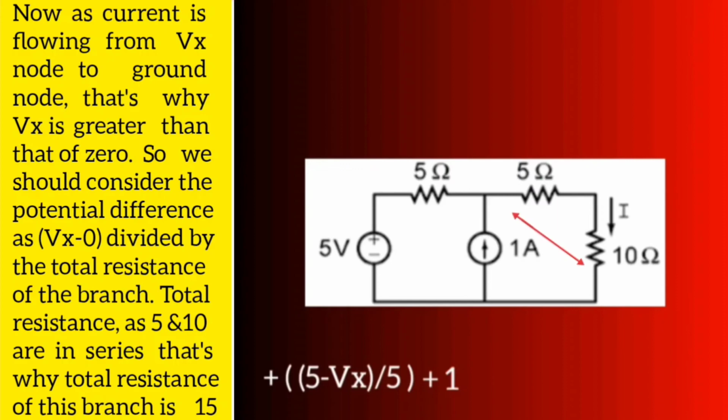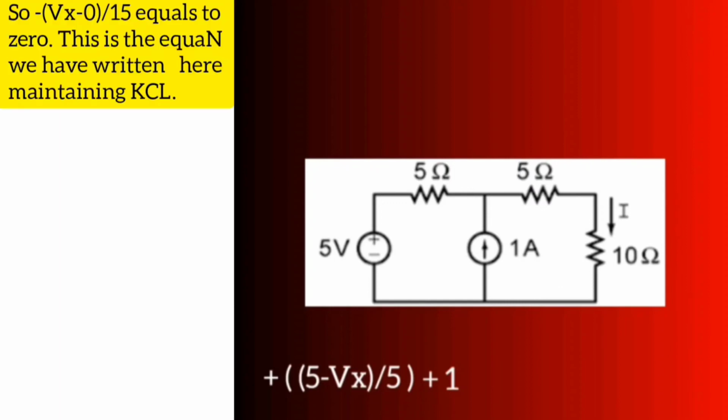As 5 and 10 are in series, the total resistance of this branch is 15 ohm. So minus (Vx minus 0) divided by 15 equal to 0. This is the equation we have written maintaining KCL.